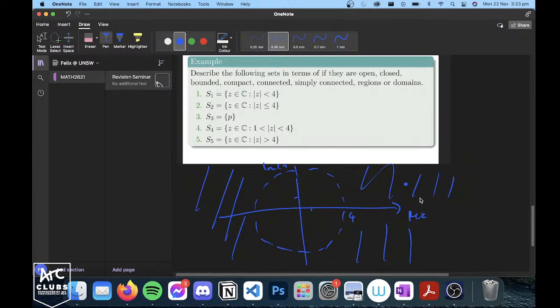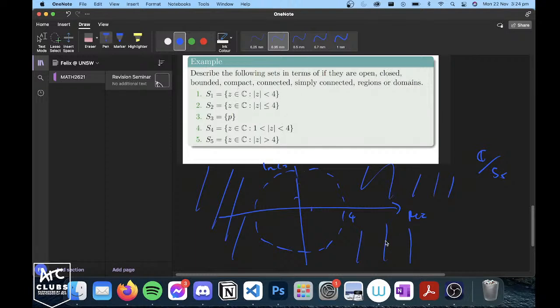Is it bounded? This is the difference between this question and all the other questions. This is in fact not bounded, because it contains the whole complex plane minus set 5. Compact? It's not closed, so that means it can't be compact. Is it connected?